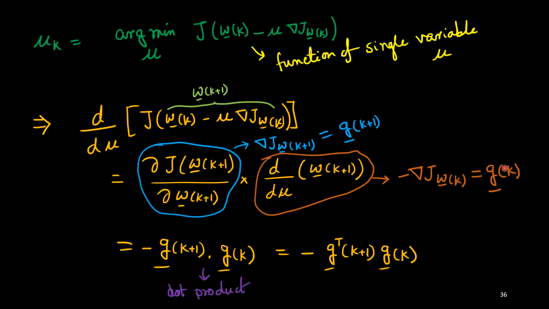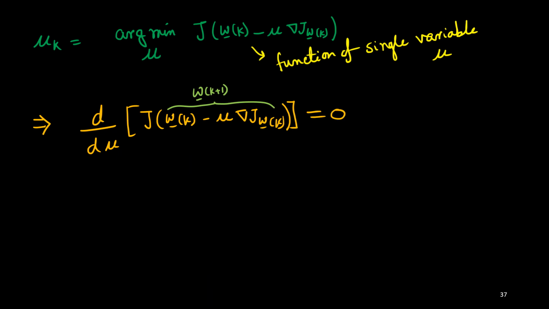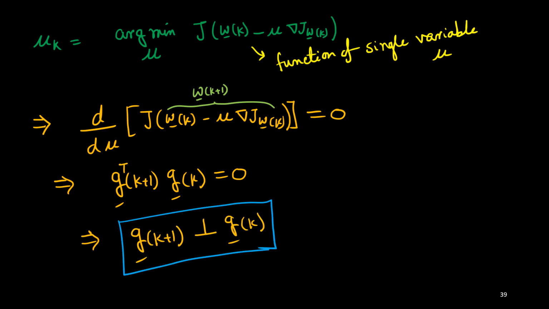Now for optimization I need to put it 0. So g transpose k plus 1 and gk, this product should be equal to 0. So what is the meaning of this? These two vectors, their dot product is 0. It implies that they are perpendicular to each other. They are orthogonal to each other. Okay. So gk plus 1 is perpendicular to gk.